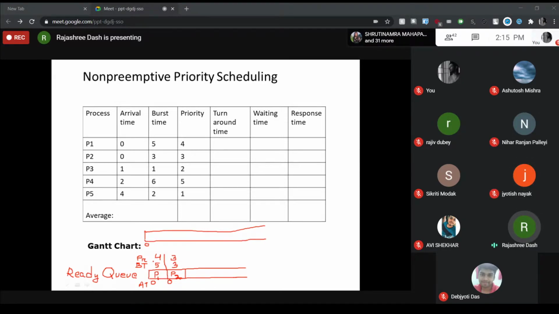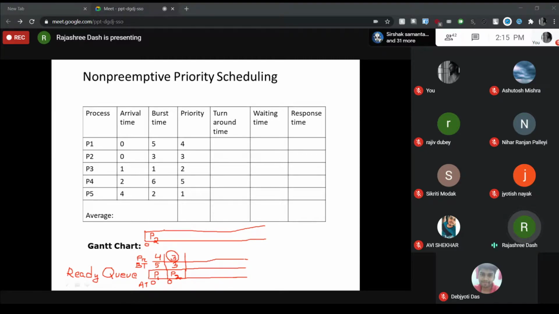Because the scheduler is going to compare the priority number. Comparing 3 and 4, you will clearly find that 3 is the smaller one. That means P2 has higher priority compared to P1. So initially P2 will be allocated to execute by the CPU.